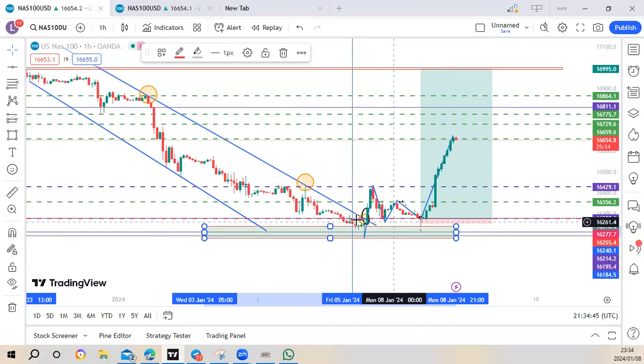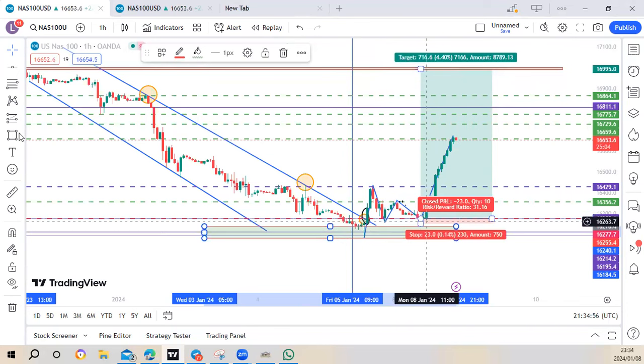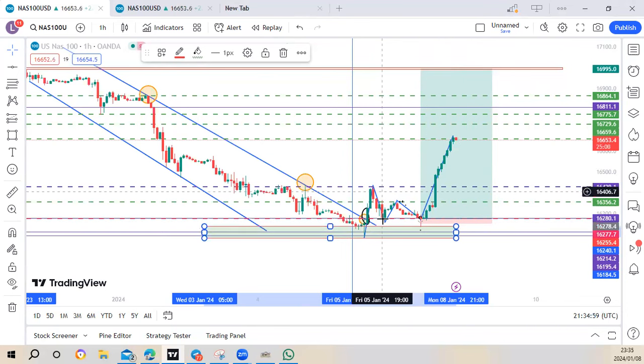Meaning if it breaks my zone, this is where I say okay, I'm on sales. But if it fails to break that zone and continues to consolidate, or eventually shoots and breaks that high there, I would confirm that now I'm on buys.